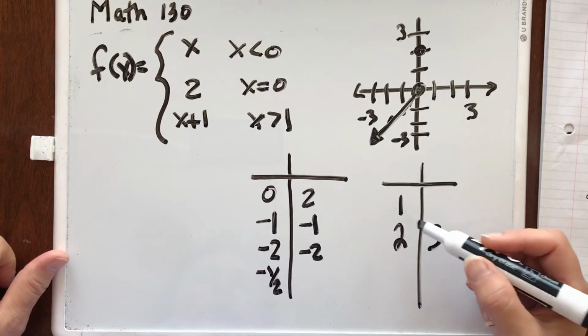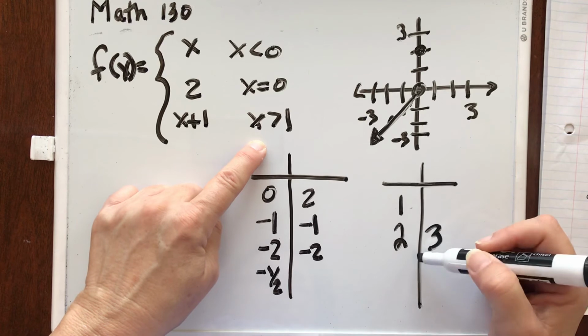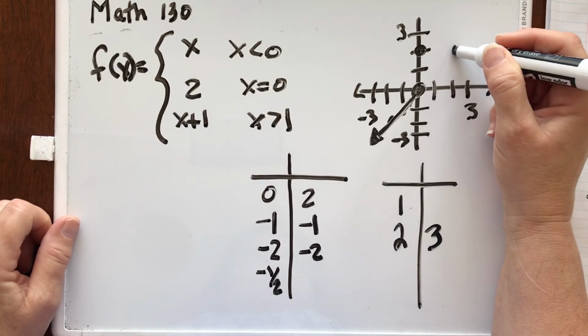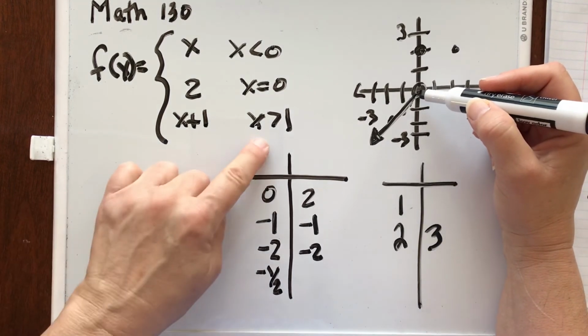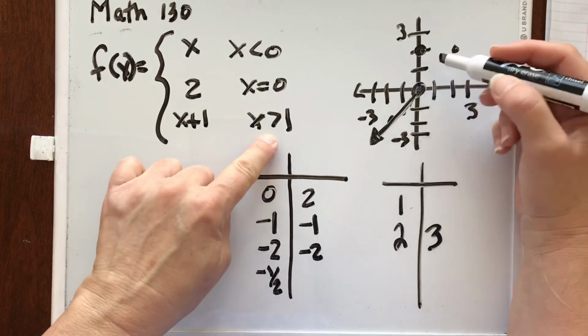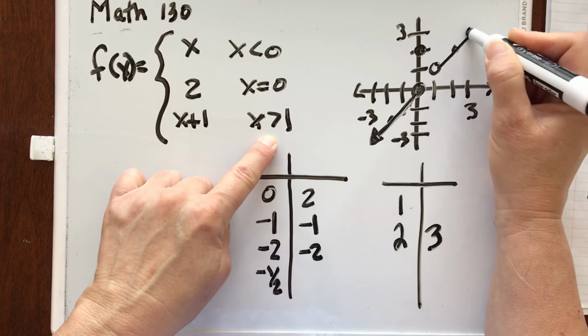Now, since it must be greater than 0, we're going to look at 2, 3. 2, 3 is a point. Okay. It can't equal 0, so at 0, we're not going to have anything, but greater than 0. So we're going to go to 0, put an open hole here, and go up this way.